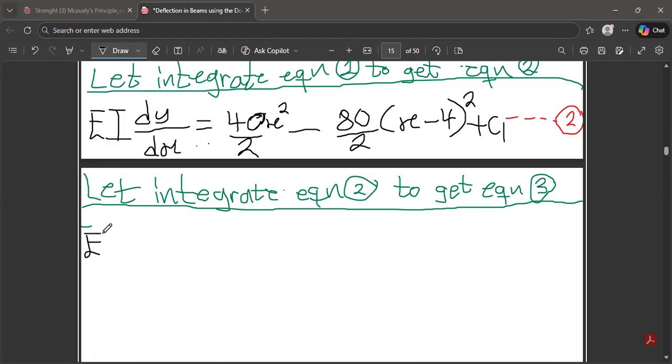Let me say the integral of dy/dx is just y. So we have to further continue. We have integrated this relation already, and we have to integrate the right hand side too. Whatever you do to the right hand side, you have to do the same thing to the left hand side, and vice versa.